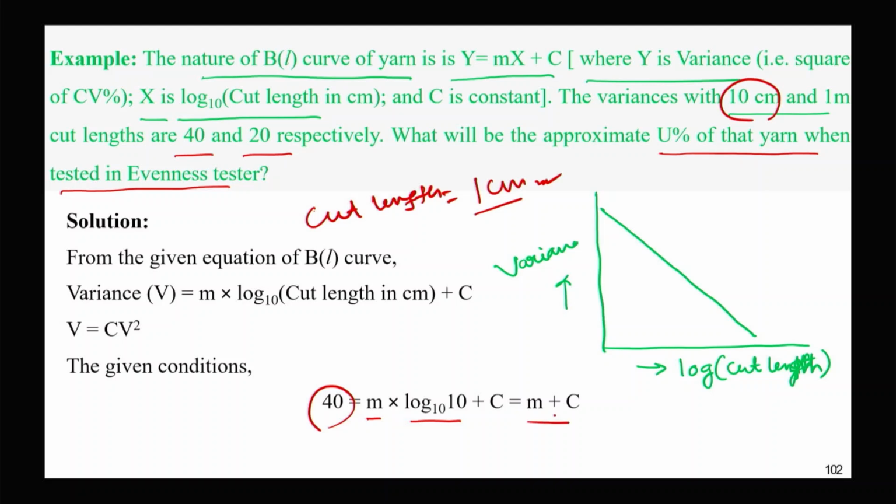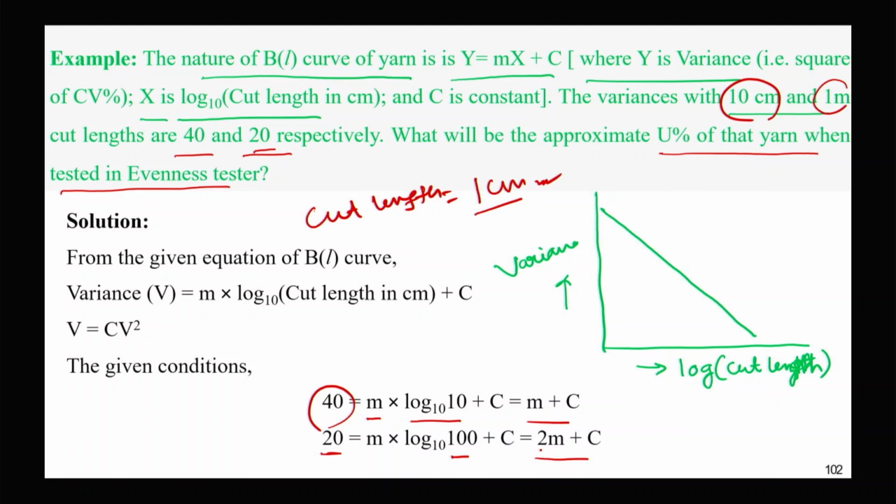This is one equation, and next, for variance 20 we get at 1 meter cut length, so 100 centimeter, it will become 2M plus C.